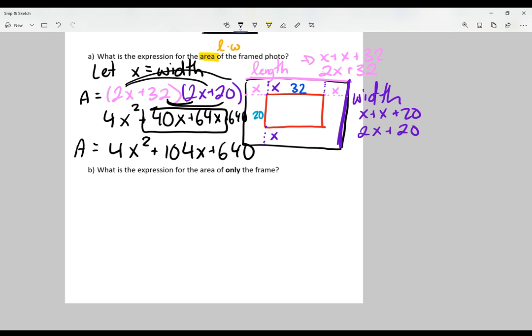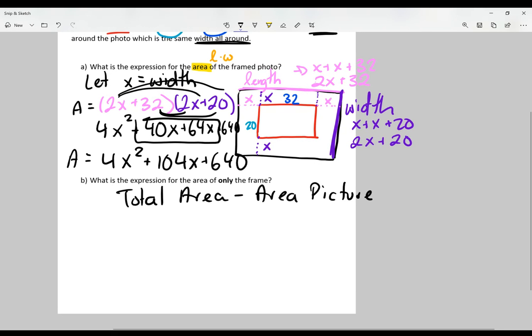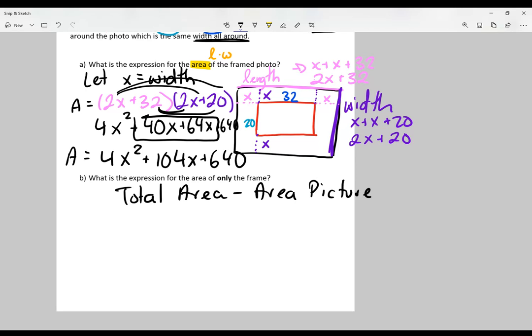If you only wanted the area of the frame, you would have to do the total area minus the area of the picture. And how can we find the area of the picture?